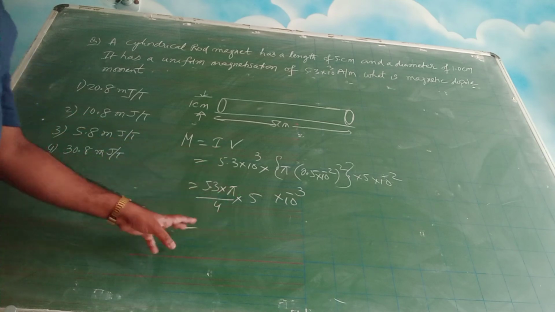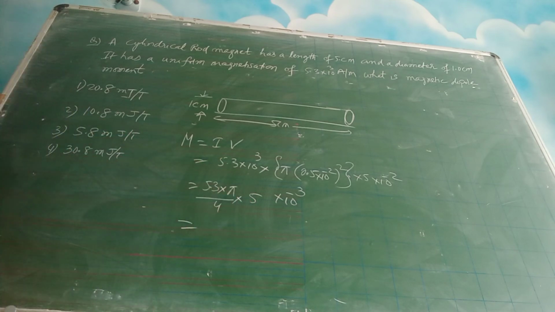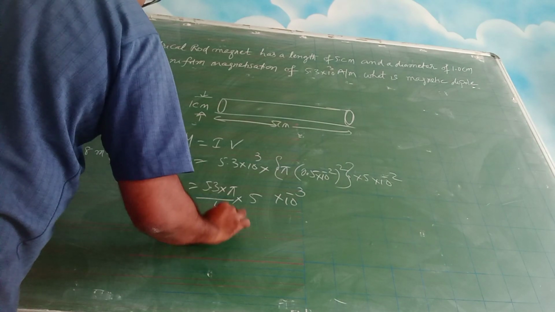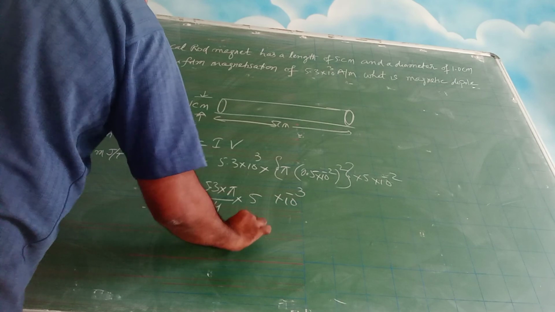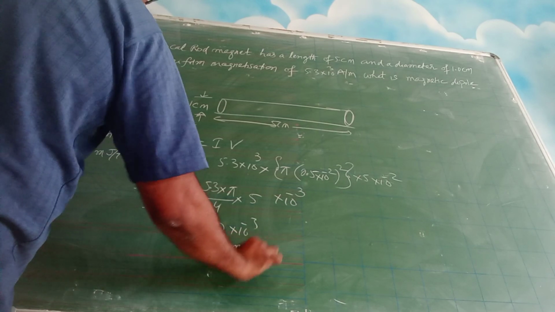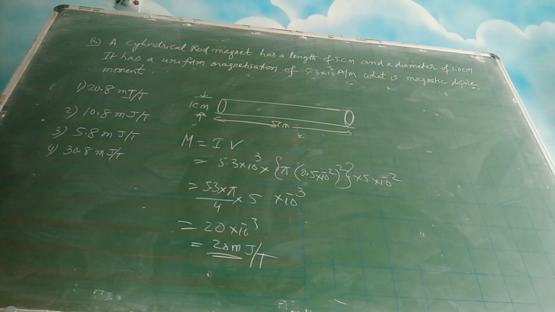So 5 into 3, 15. 15 into 5, 75. So it will be close to 78, 80. 80 by 4, 20. So 20 point something into 10 to the power of minus 3, or 20 milli joules per Tesla is what you should get. Only one option is there. Pick it. Option 1 is the right answer.